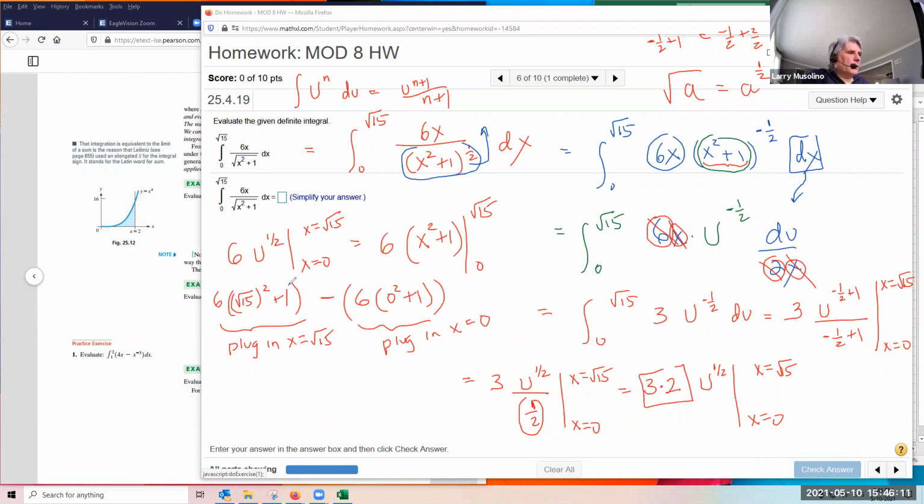All right, let's finish this up. So the square root of 15 squared is just 15. So that's 6 times 15 plus 1. And of course, 0 squared is 0. So that's just a 1. So this looks like 6 times 16 minus 6. I think that's 96 minus 6. So it looks like this final answer here is 90 if I didn't make any mistakes.